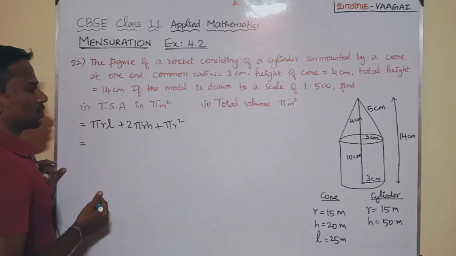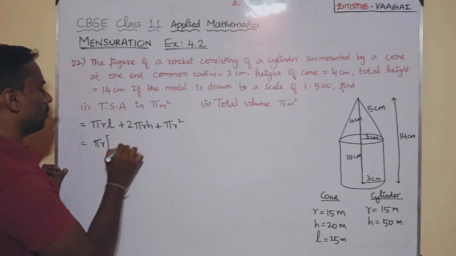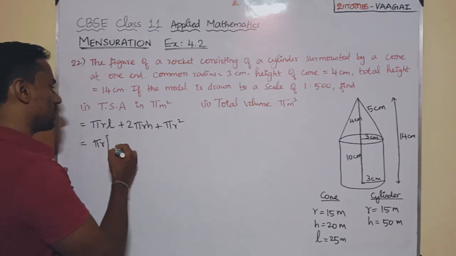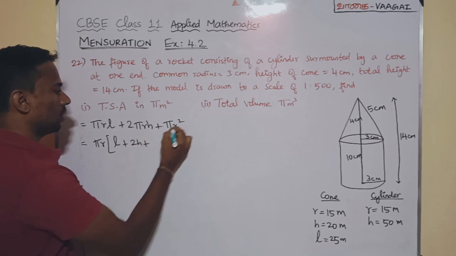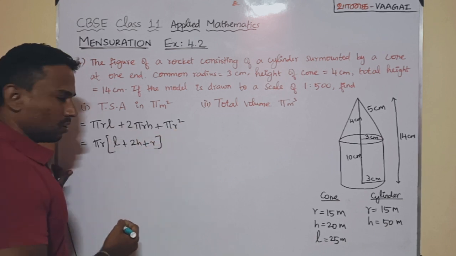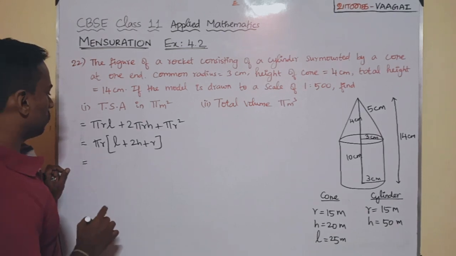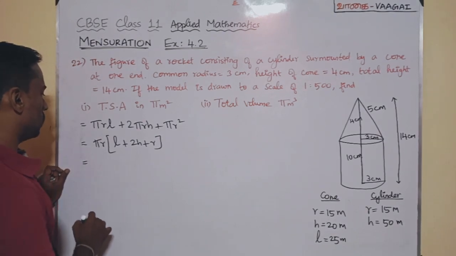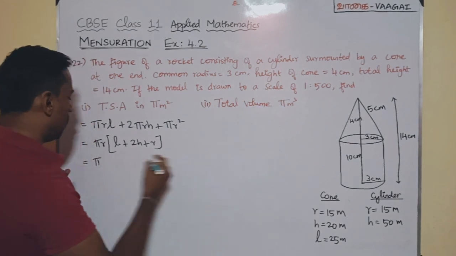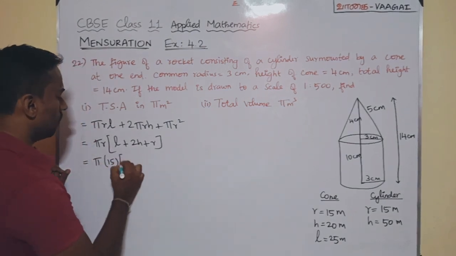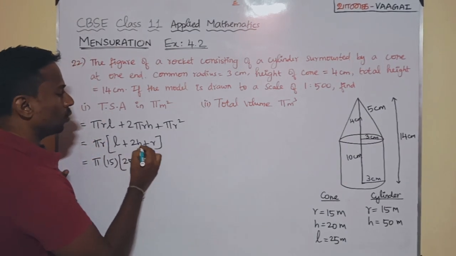So the first thing I can do is take pi r common outside. When I do it, I will be getting inside L plus 2h plus r. Yes. So this is equal to pi into 15, multiplied by L, which is 25, plus 2h.